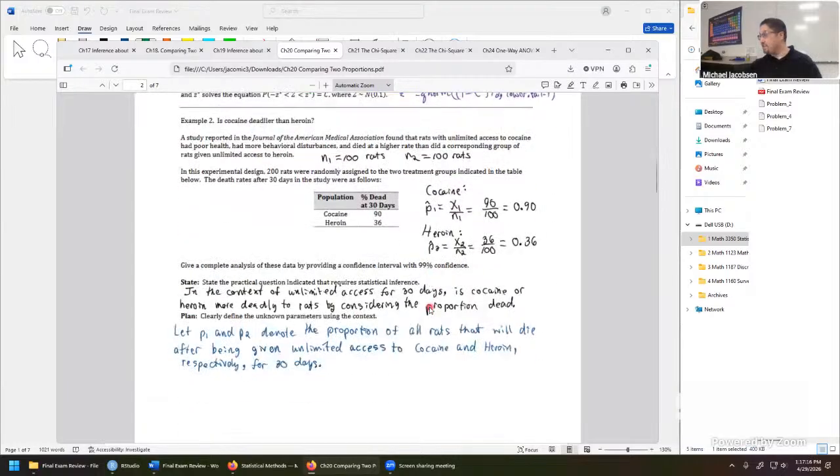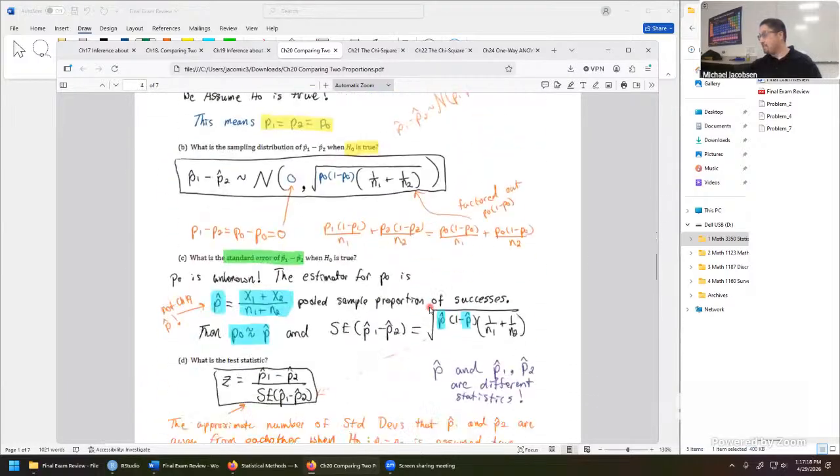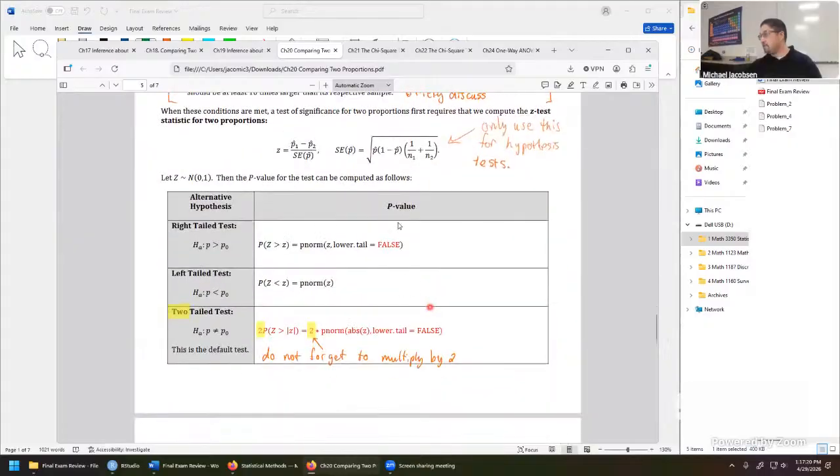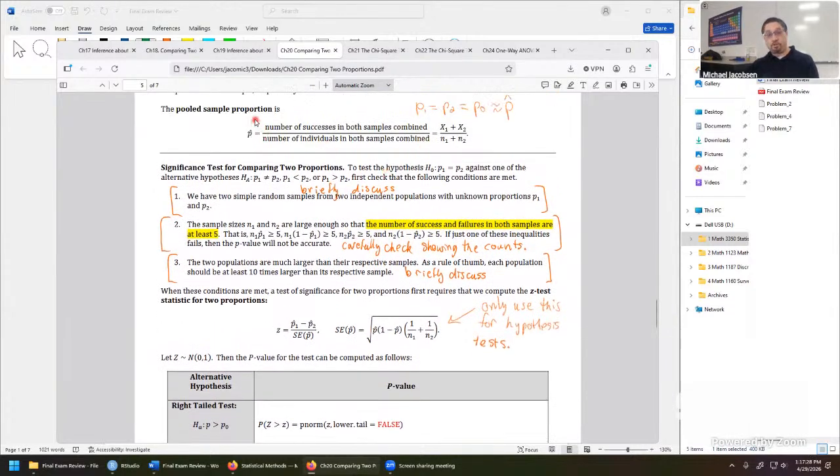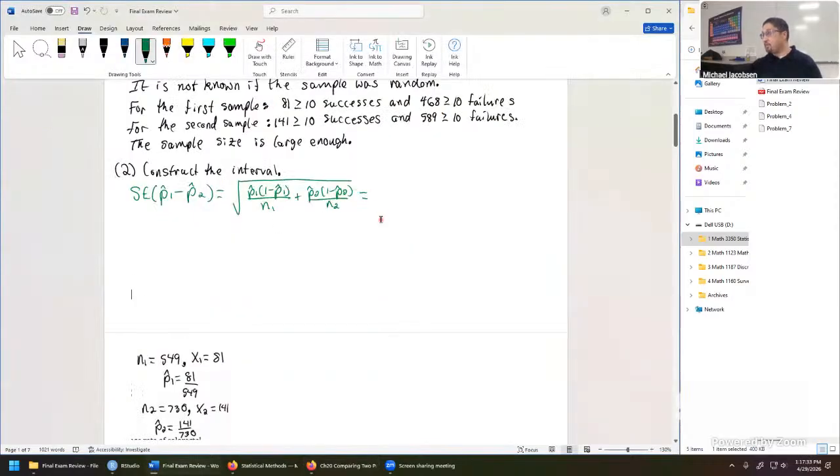If this was a hypothesis test, notice what you calculate instead. Completely different formula, and in fact, a different statistic. We use the pooled sample proportion, but we do none of that if it's a confidence interval. So again, a lot of this is up to your own research, looking up the methods, but this is par for the course for what we do in statistics. No one is going to try to remember every single statistical method.